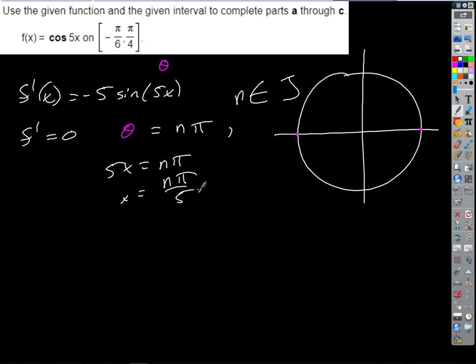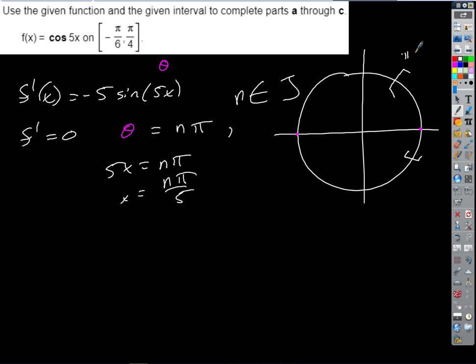Well, look at our interval here: we're going from negative pi sixths, so that's right here, up to positive pi fourths. Which values of n would give us critical numbers within our closed interval then?